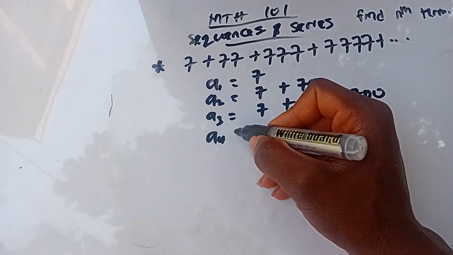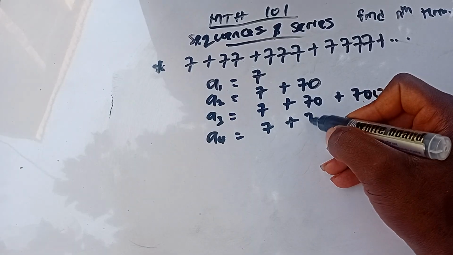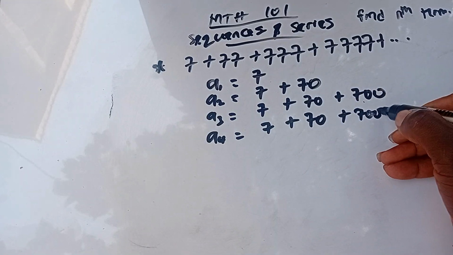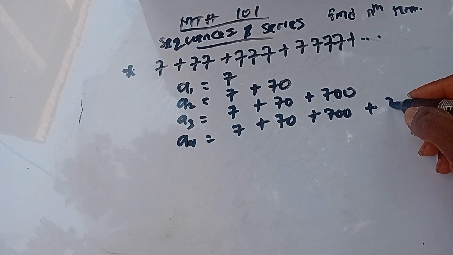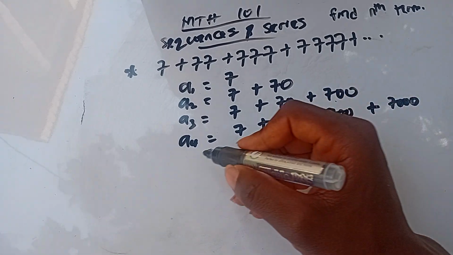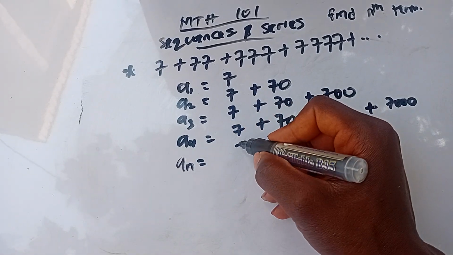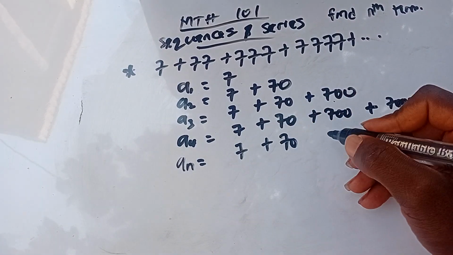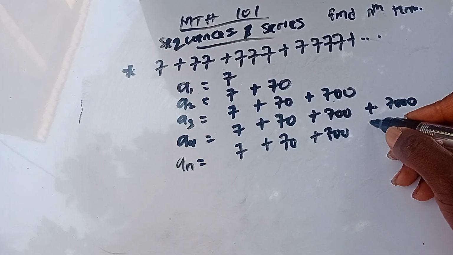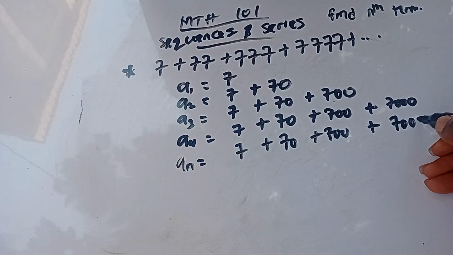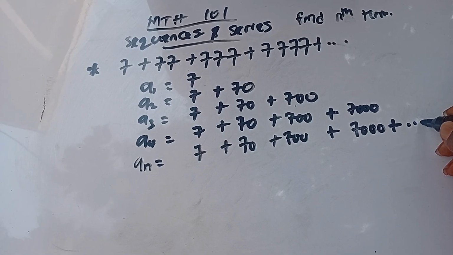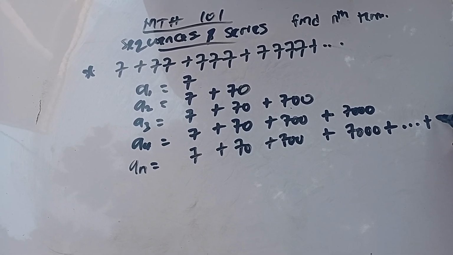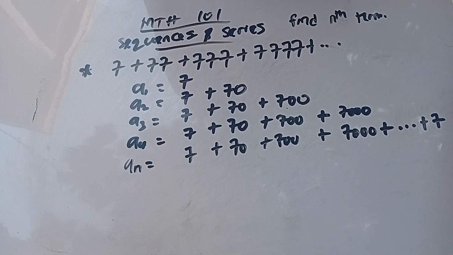So our a4 equals 7 plus 70 plus 700 plus 7,000. So our an now will give us what? 7 plus 70 plus 700 plus 7,000 plus dot dot dot plus the last term.